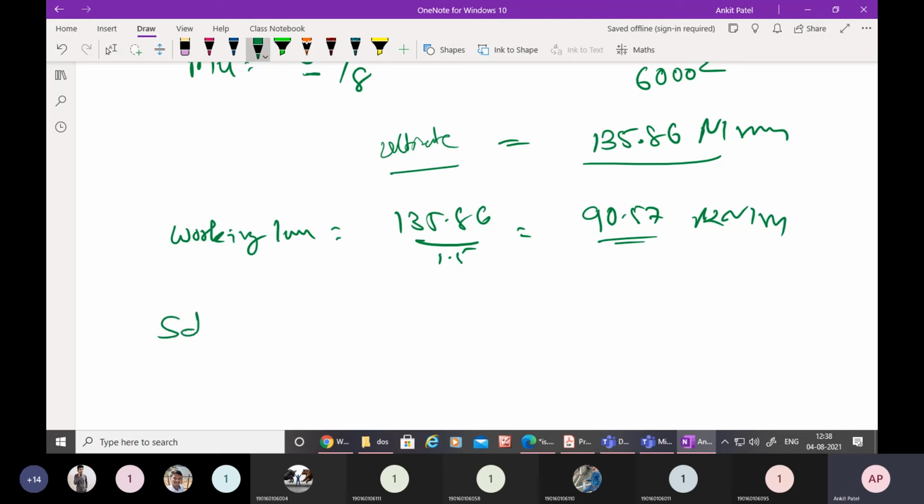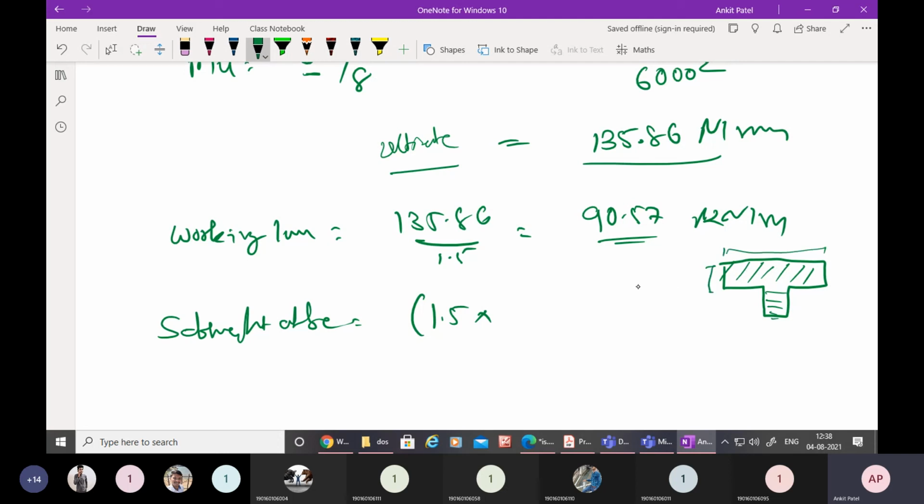Now, self-weight of the beam is equal to area times density. Suppose this is your T beam, so you need to calculate a separate area for this part and a separate area for that part. So 1.5 is the width of your flange, and the depth of flange is 1, so this is in 2.1, plus the area of the second part, 0.65. How do you determine 0.65?